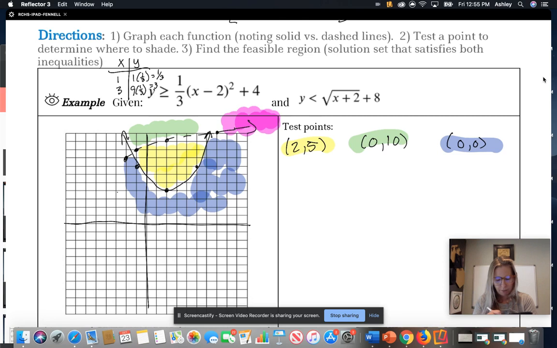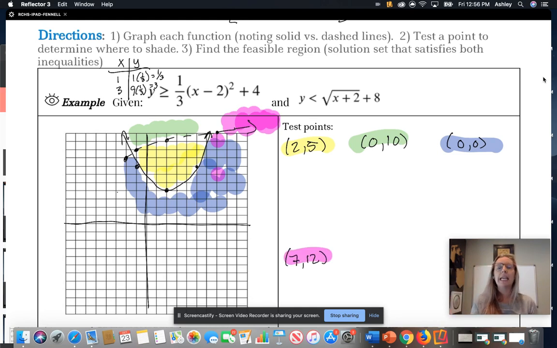Counting over to 7, and then up to 12. So we get to (7, 12), I think. Let's try that point, (7, 12), and we can test that in the pink region.